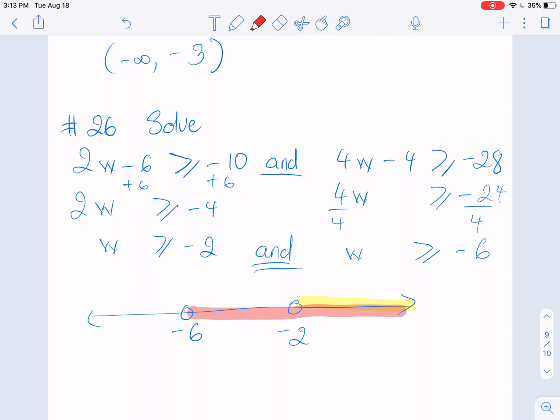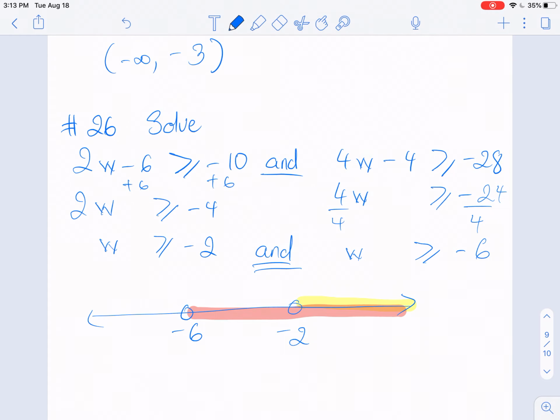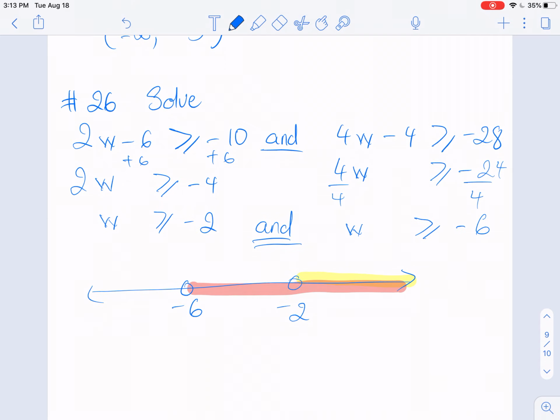However, as you can see, we are looking for 'and'. So you need to take this portion. So the final answer is going to be negative 2, bracket, to infinity.